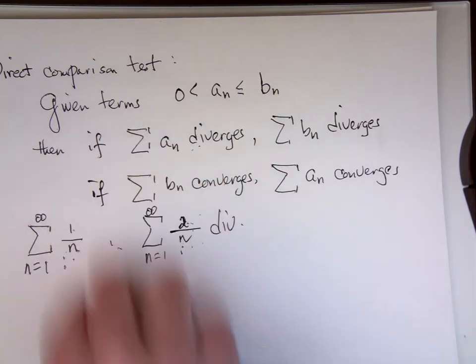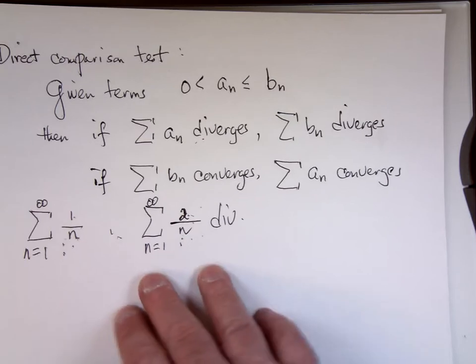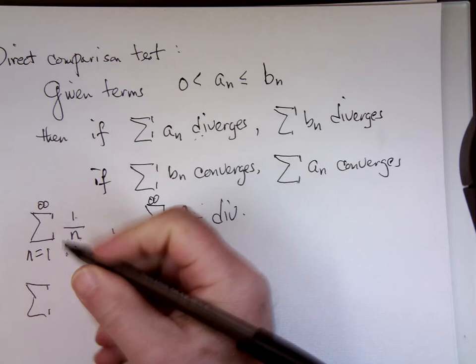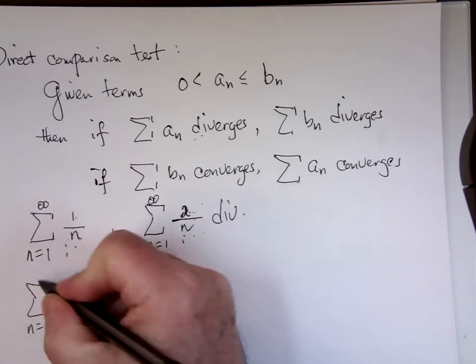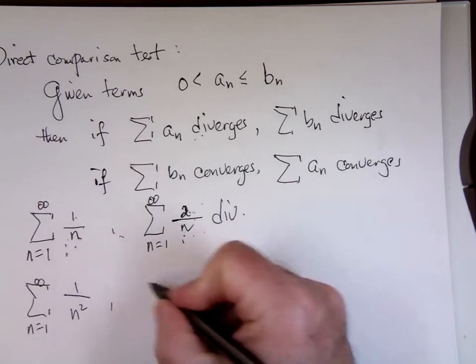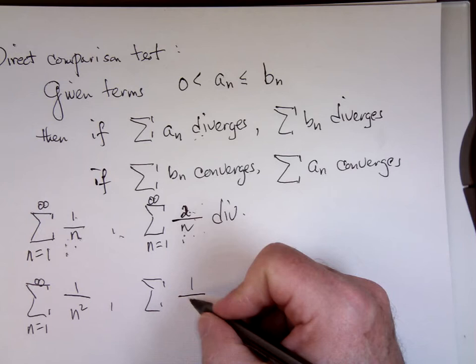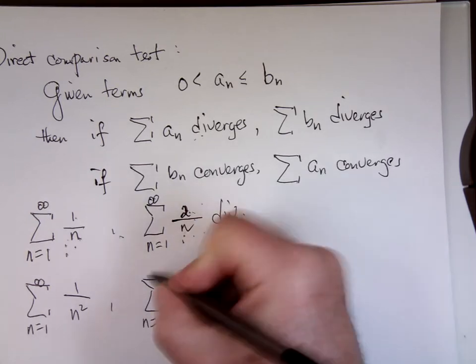And the same thing works if you had something like this. 1 over n squared is 1. And the other one you had was 1 over n squared plus 1. Well, this one's kind of interesting. This is a known converging series.